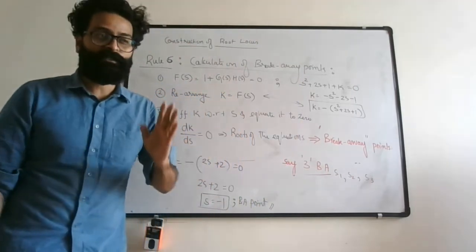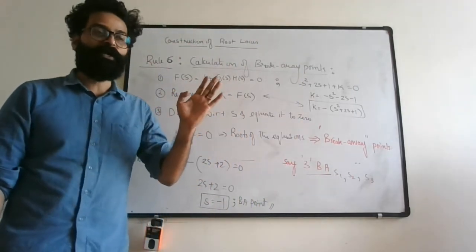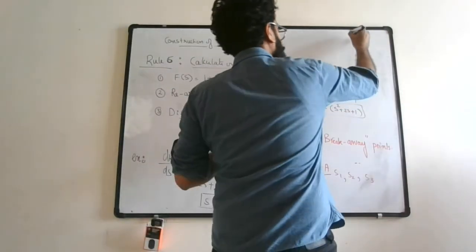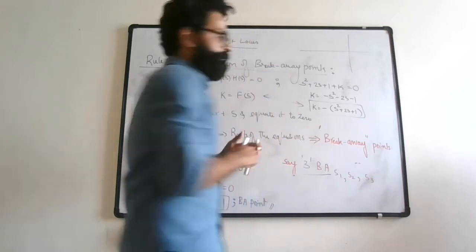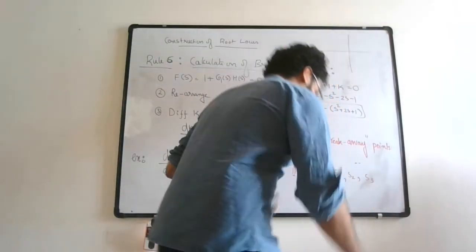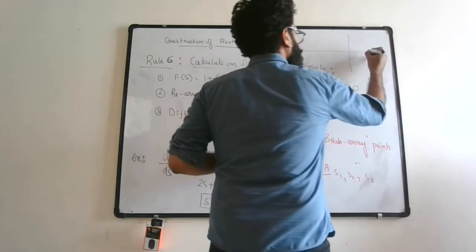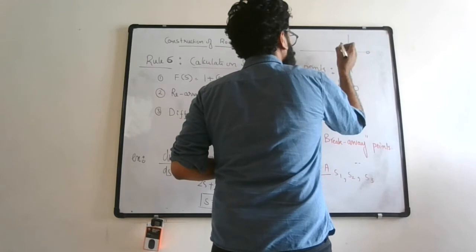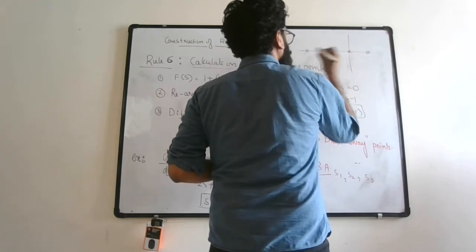Rule number 3 is about existence of root locus branch on the real axis, right? So let's say our rule number 3 prediction was something like this. Let's say I have a 0 here and I have a 4 here.